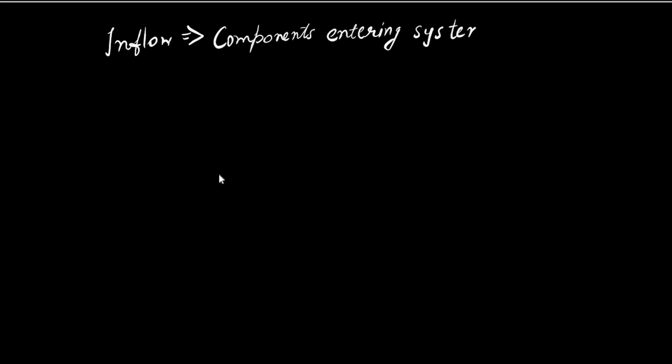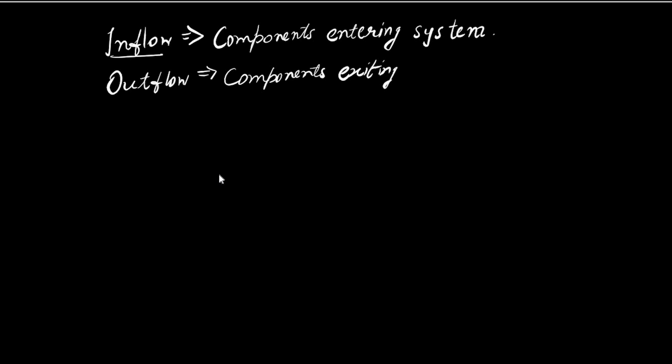Anything that enters into the system is known as inflow, and outflow is the opposite. Outflow is components, or the components can be fluids or material, anything, exiting the system. This is the opposite. Alright, so keep this in mind.